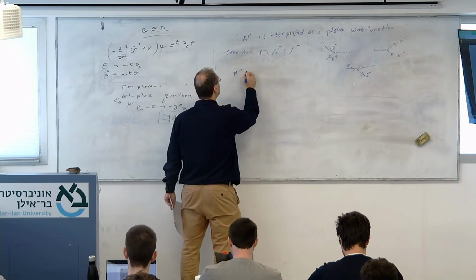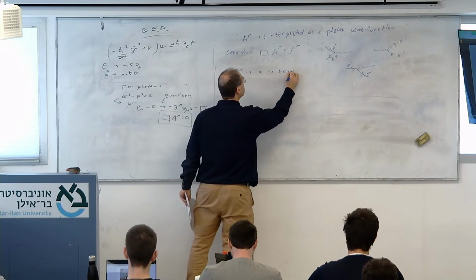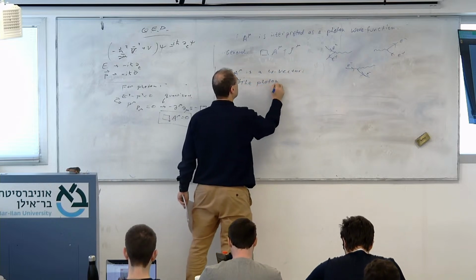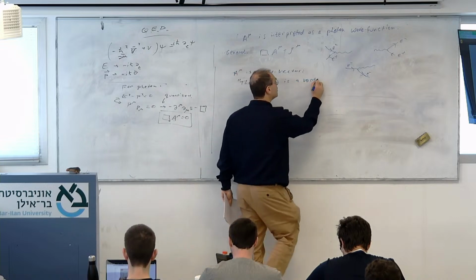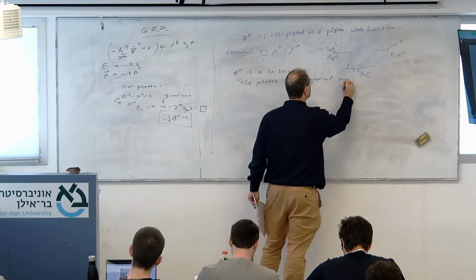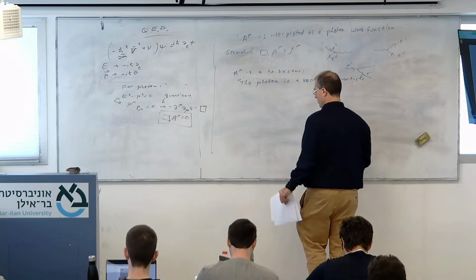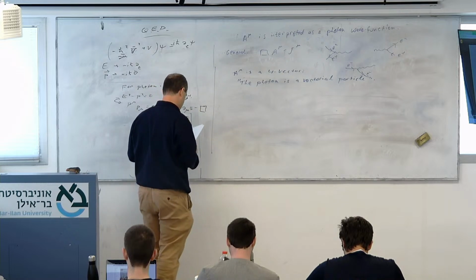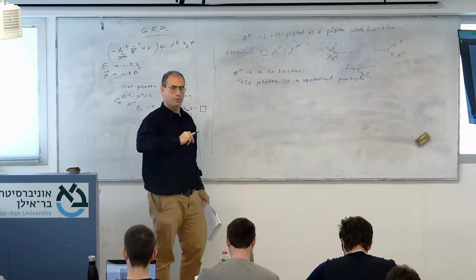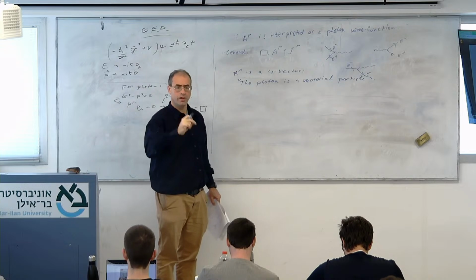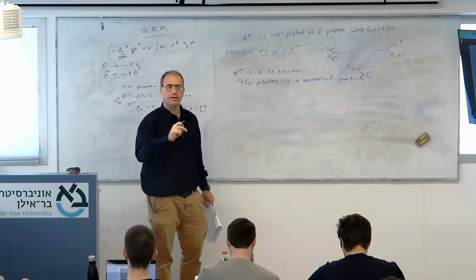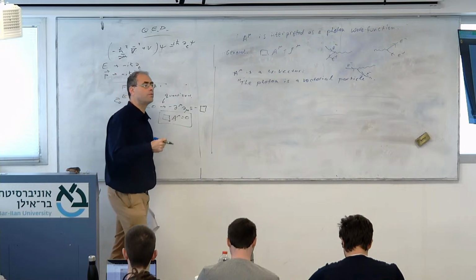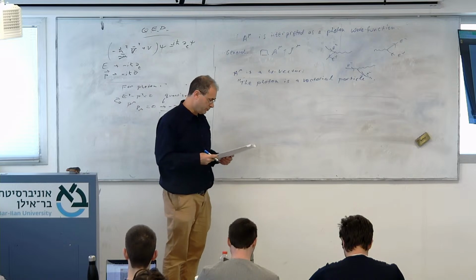A mu is a 4 vector, which means that the photon is a vectorial particle, or we simply call it a vector. Again, that means that when we Lorentz transform from one reference frame to another, then we know automatically how the photon will be transformed, in the sense of how the representation of the photon will be transformed.